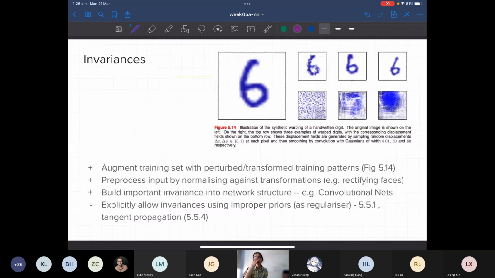And there are also ways of incorporating invariances, either explicitly or using training data. There's a long discussion in the book about that, but I feel like in the age of millions of neural net parameters, crafting individual neural functions so that they are invariant has not been seen as important in the past few years.